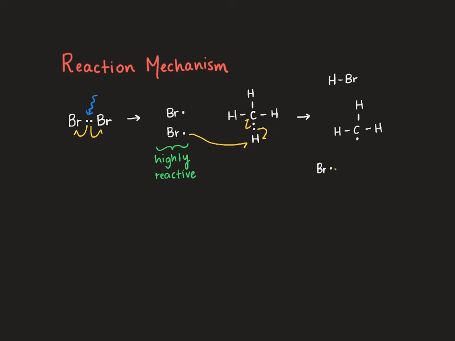So these two electrons can meet up in the middle and form a new bond. So now we form our organic product, and we've terminated or stopped the free radicals. So one bromine is going to react in a couple different ways once it splits into its two atoms.